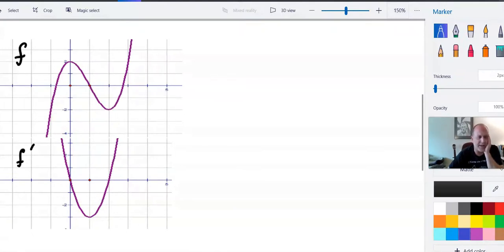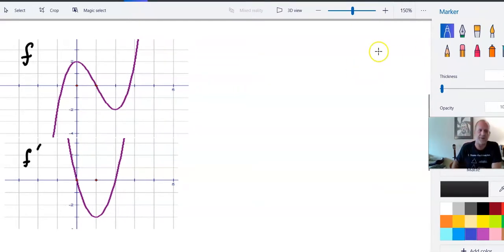Okay, so what we're looking at here is a function f and the derivative of that function, f prime. Let me just scoot this over just a hair. We'll get the whole thing in there. Now, remember that what the derivative tells you is the slope of the function.